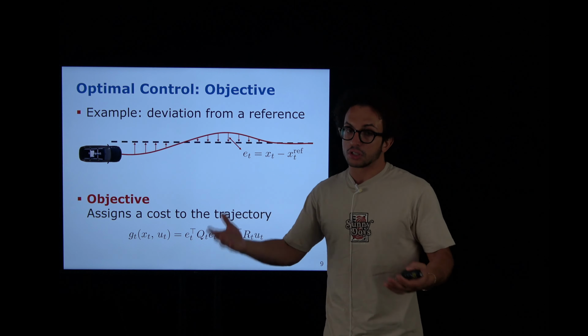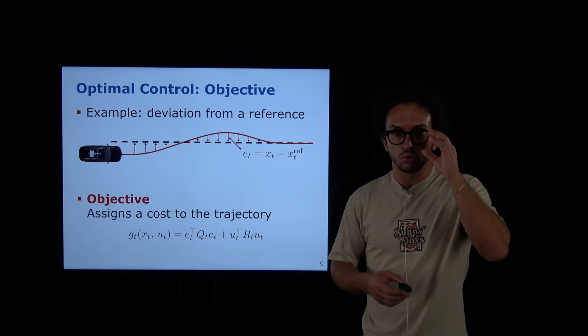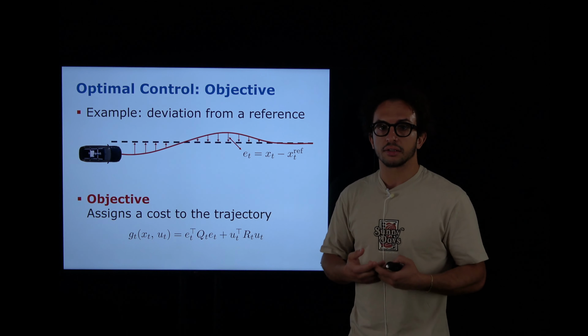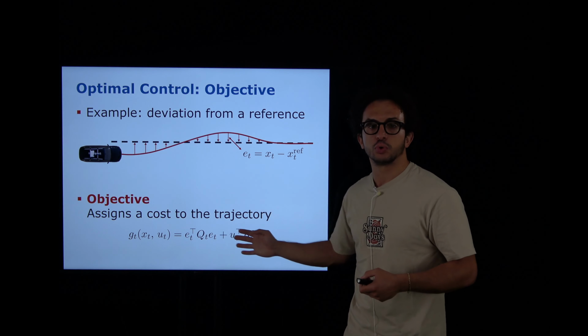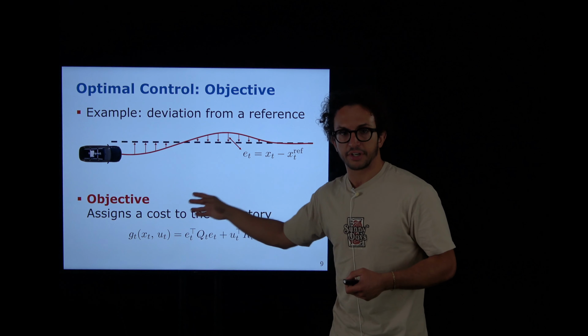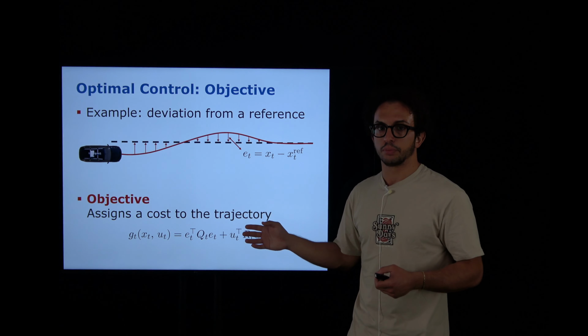Of course, this is a cost function. So cost function is different from a constraint, meaning that you shouldn't take for granted that we will have zero error in the end. This is like a compromise between the things, and it's trying to minimize this function. So we're trying to minimize the error, we're trying to minimize the control input.